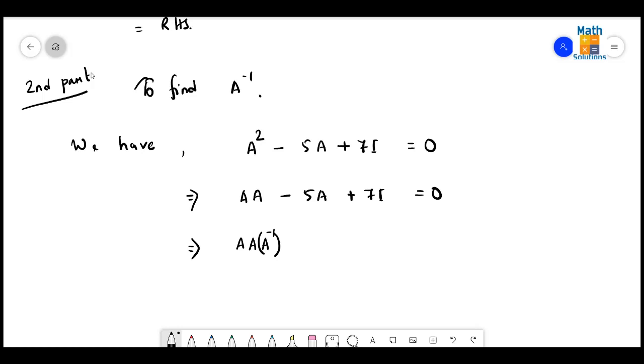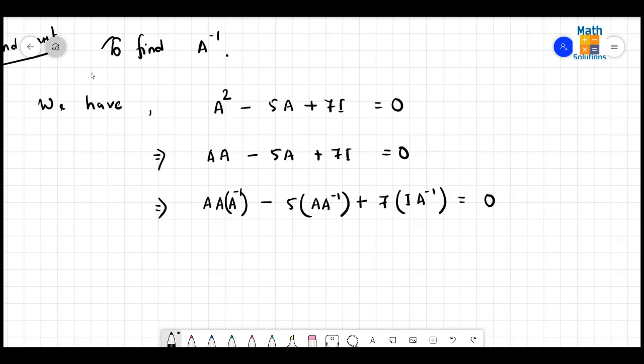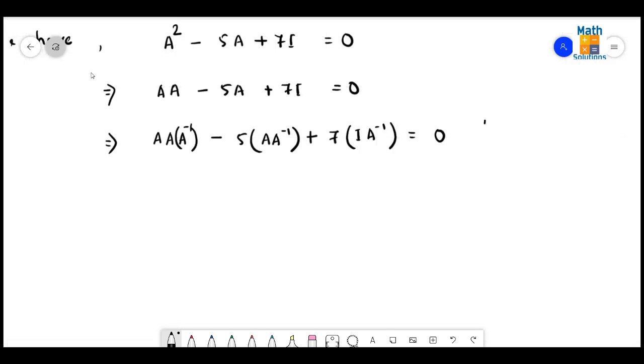And if I put it in front, then on both sides the same thing should be done. So here I get 5A into A inverse plus 7I into A inverse, that is equal to null matrix, because this null matrix, if I multiply by A inverse, then ultimately the result will be a null matrix only. So here just by the side I can write post multiplying by A inverse.